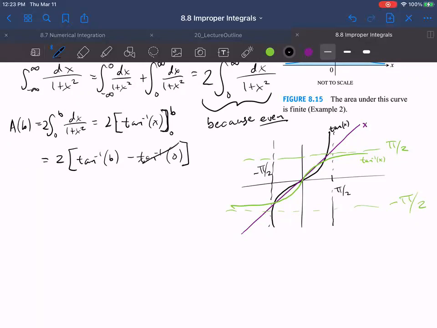So that's a 0. And so now we need the limit as b goes to infinity of 2 times the arctangent of b. And looking at my graph over there, what does the arctangent go to as b goes to infinity?